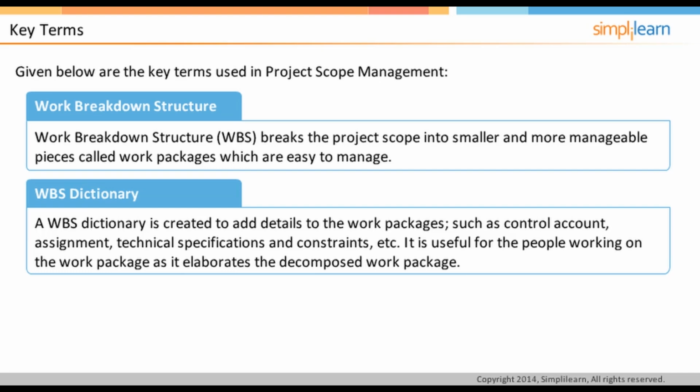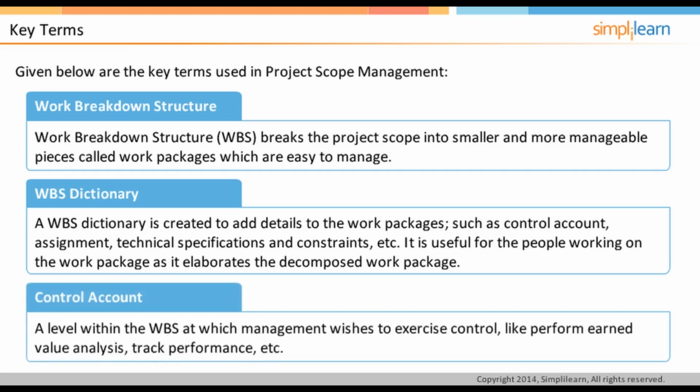WBS Dictionary is useful for the person or group working on the work packages as it further elaborates the decomposed work package. Control account is a level within WBS at which management wishes to exercise control. For example, perform earned value analysis, track performance, etc. In the next screen, let us cover work breakdown structure in detail.